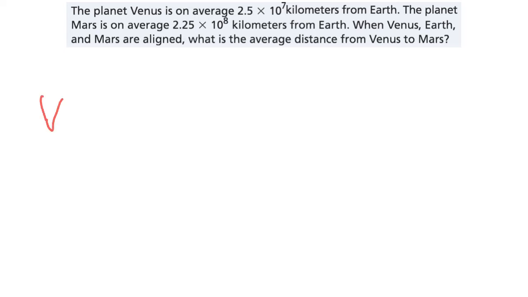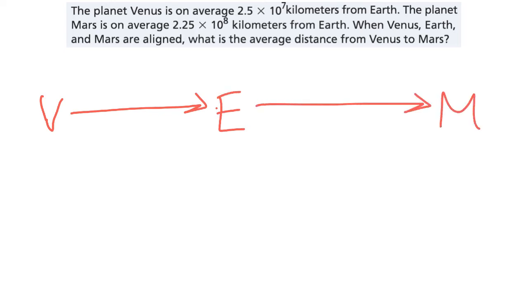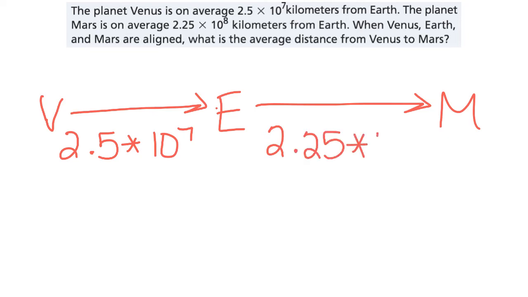When they're aligned, so Venus to Earth to Mars, we know that from Venus to Earth is 2.5 times 10 to the 7th power, and from Earth to Mars is 2.25 times 10 to the 8th power. We want to know the distance from Venus to Mars. We need to add these two together.